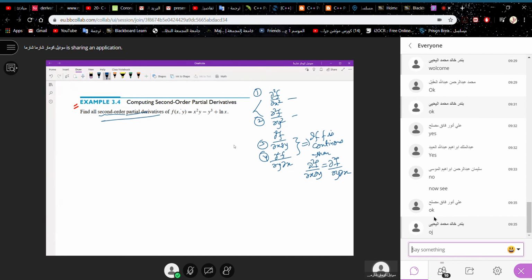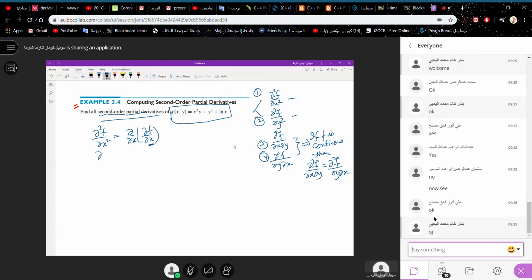So how can we find it? Look, to find del 2 f upon del x2, this is equal to del upon del x of del f upon del x. So we need this first, del f upon del x.